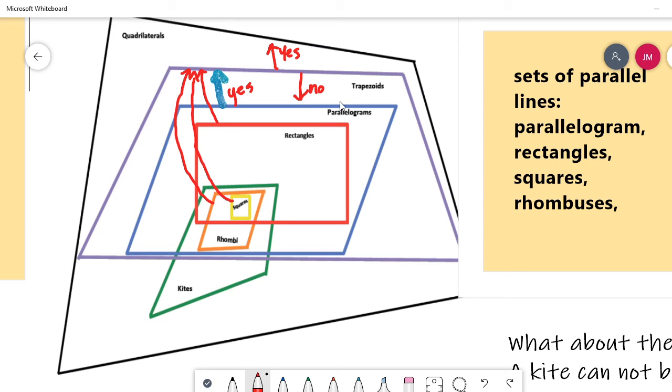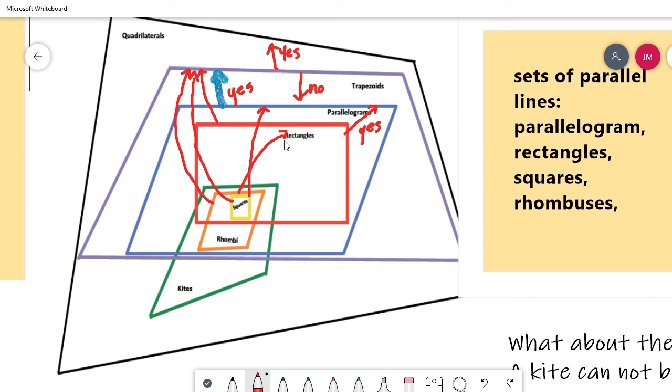All right, let's see. So can a rectangle be a parallelogram? And the answer is of course. Okay. Let's start with the square. Can a square be a parallelogram? And the answer is yes. Can a square be a rectangle?